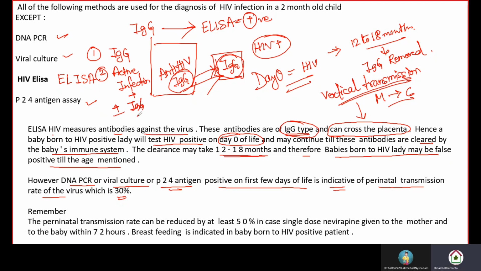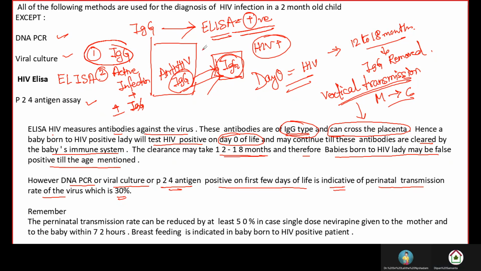Now, if the first situation occurs, ELISA will show HIV positive, but the baby is not HIV positive. Only IgG is present, and after 12 to 18 months, IgG will be removed, and ELISA will show HIV negative.